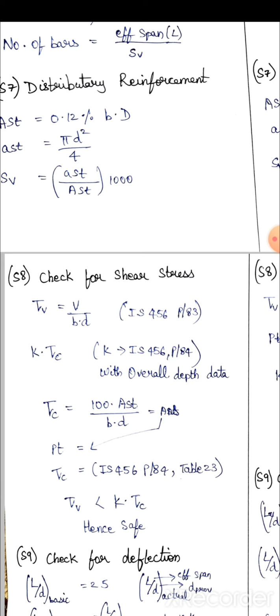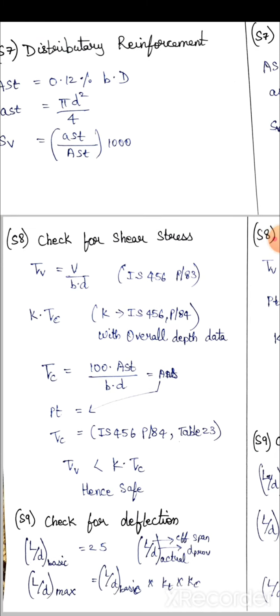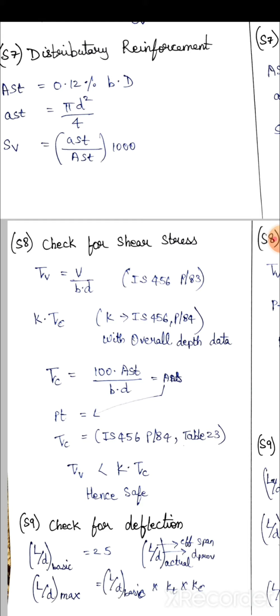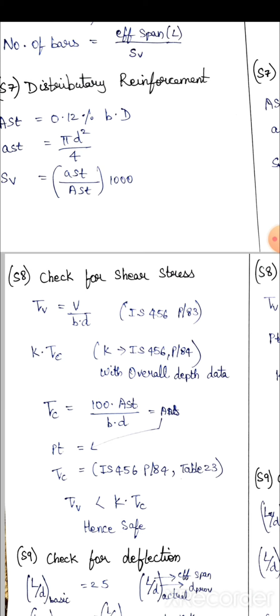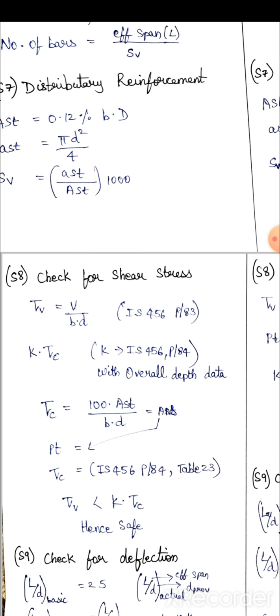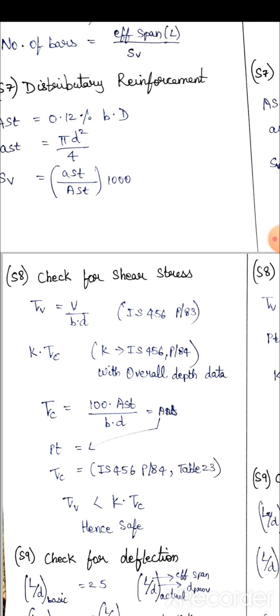First, tau v formula is V by b into d. This formula is in IS 456 page number 83. K into tau c. K value is given in IS 456 page number 84. This value is referred with the help of overall depth data.